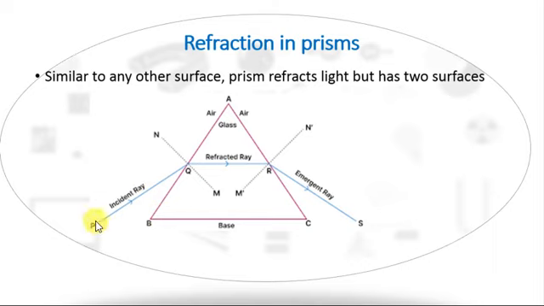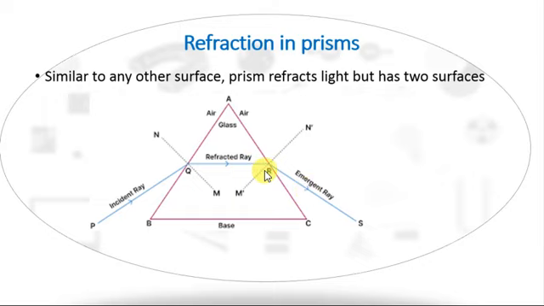A ray that enters through side AB, if it is coming from air, will bend towards the normal. If we construct a normal on side AB, the ray bends towards the normal as it enters from air. It continues running and meets another surface. At that boundary, it is moving out from glass to air, meaning from more dense to less dense, so it bends away from the normal.